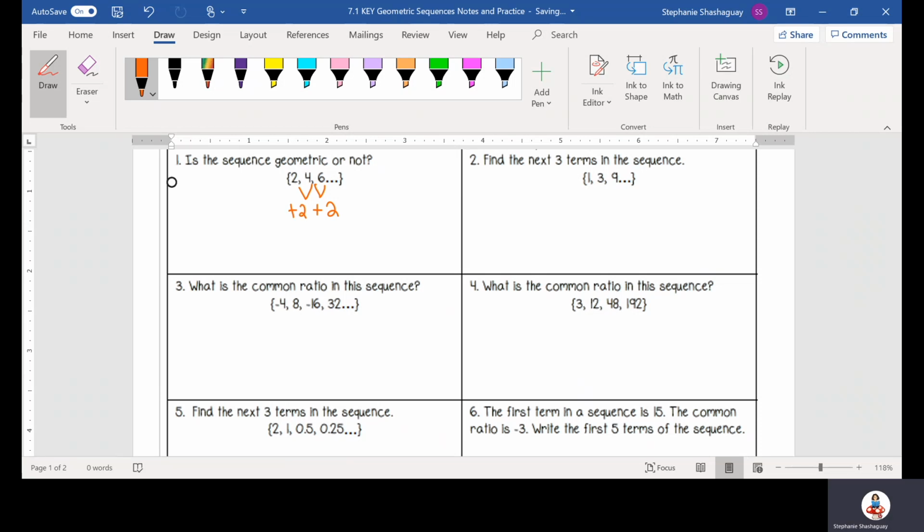So is this sequence geometric or arithmetic? It's arithmetic. So it is not geometric, because it has a common difference and not a common ratio.